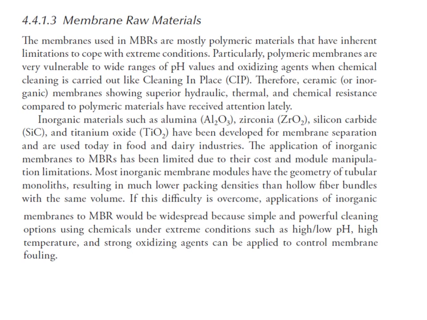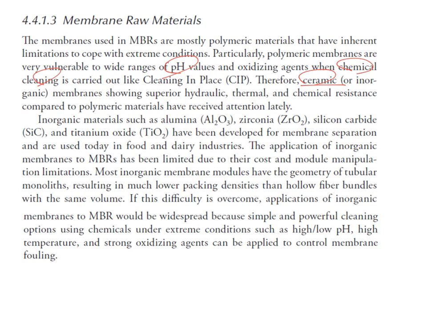The membranes used in MBR are mostly polymeric materials, and these have limited capability of handling chemicals. So pH and chemical cleaning can also make the membrane less efficient. So sometimes we want to use stronger membranes, and one example is the ceramic membrane or inorganic membrane.